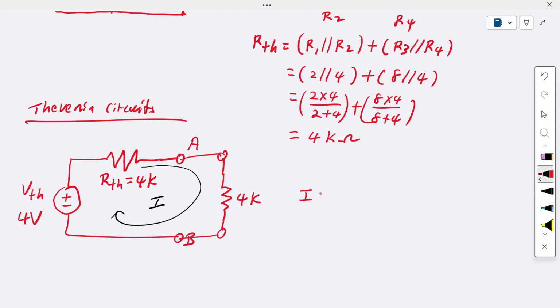We use Ohm's law, which is the VTH, 4 volt, divided by the total resistance here, which is 4K plus 4K. So I is 4 divided by 8K. So we get 1 over 2 amperes, so it's 0.5 milliampere.